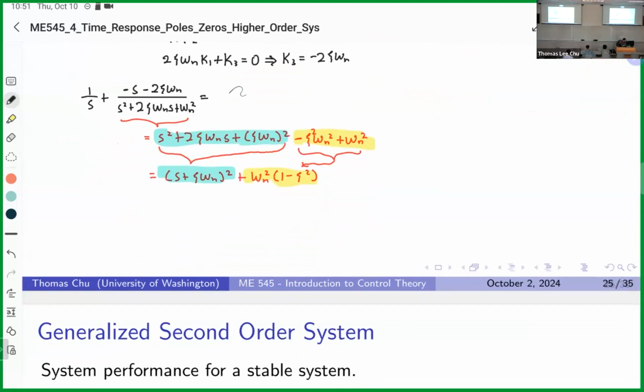Okay, so anyway, by doing that, we get 1 over s plus, and actually, I'm going to pull out the minus sign. We get s plus 2 zeta omega n divided by (s plus zeta omega n) squared plus omega n squared times (1 minus zeta squared).